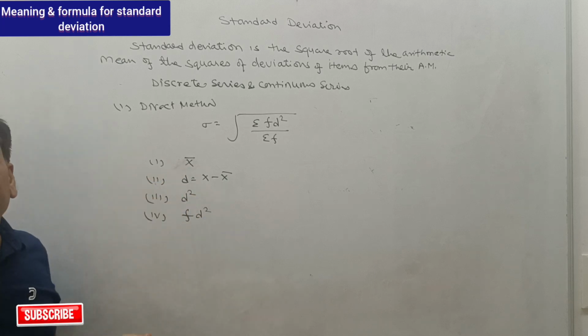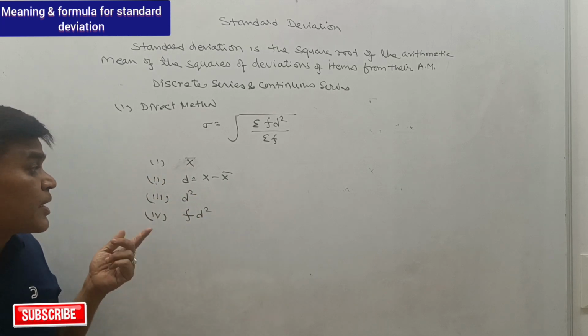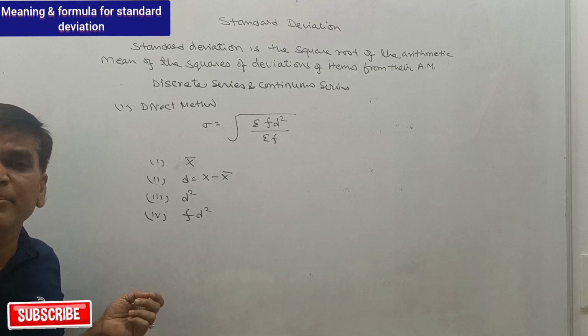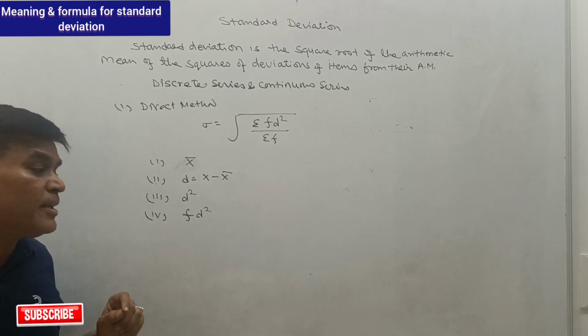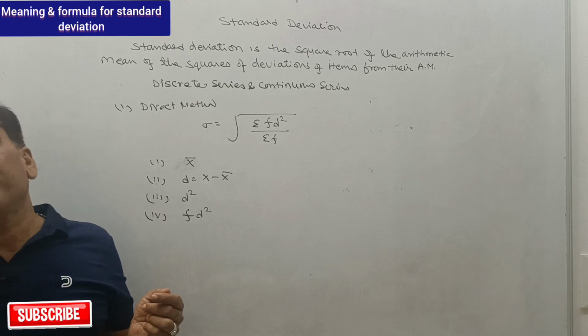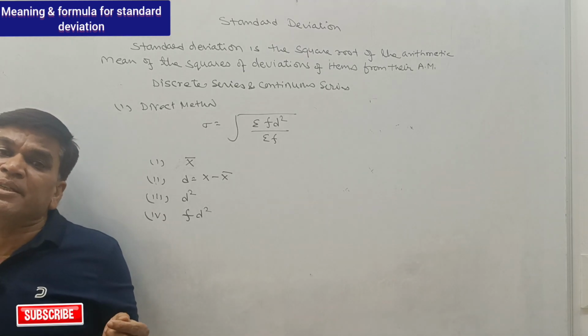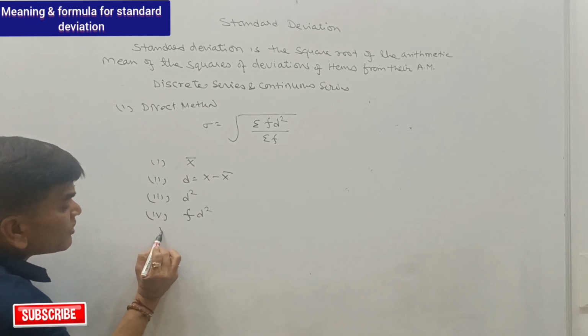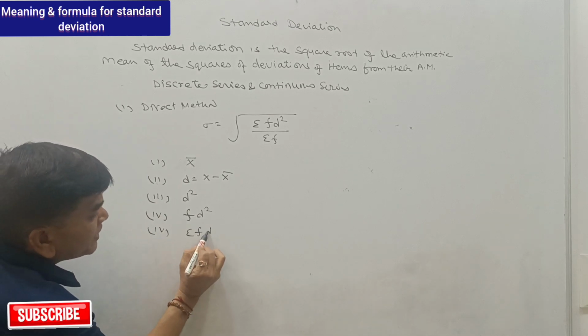The very first we calculate the arithmetic mean, then we get the deviation from the arithmetic mean, then we make the squares of the deviations, then we multiply the frequency with the squares of deviation and add them up, that is sigma f d square.